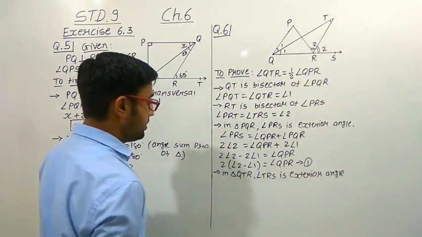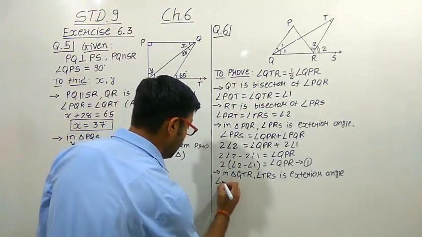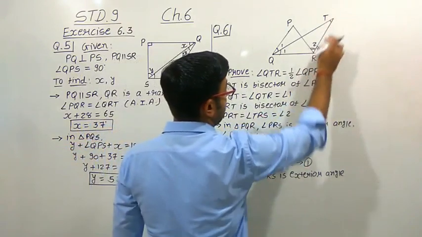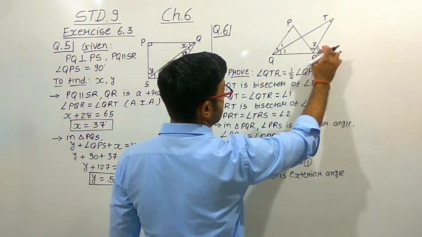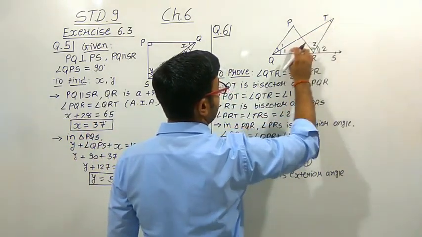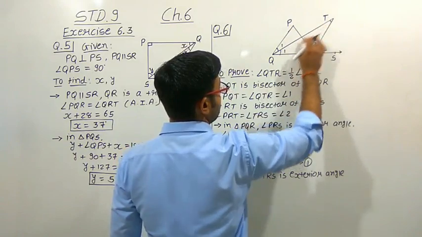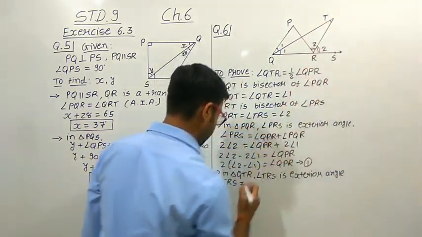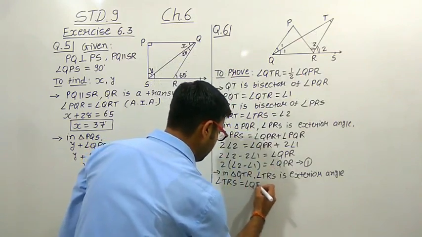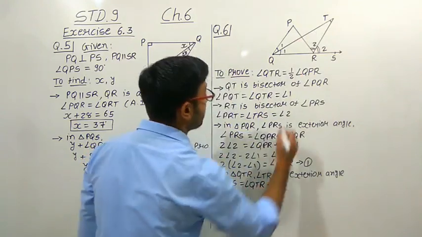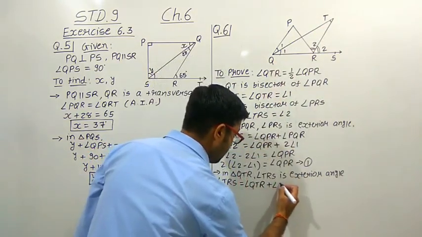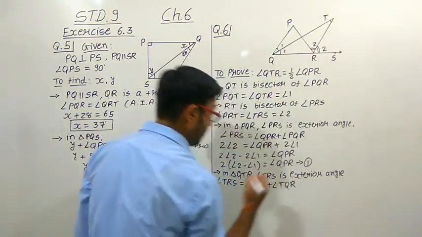So according to the exterior angle property, angle TRS is equal to the addition of both these opposite angles, that is angle QTR plus angle TQR.